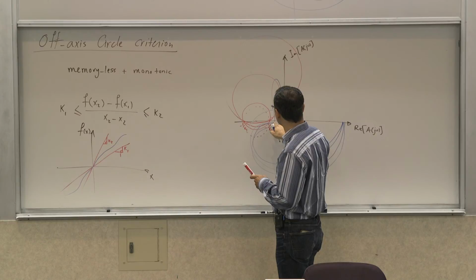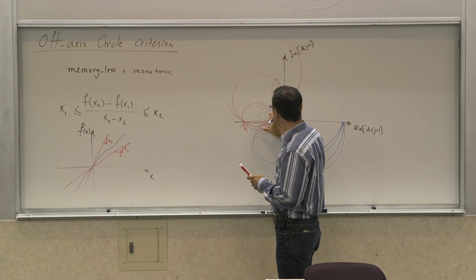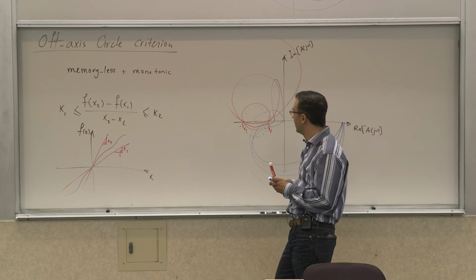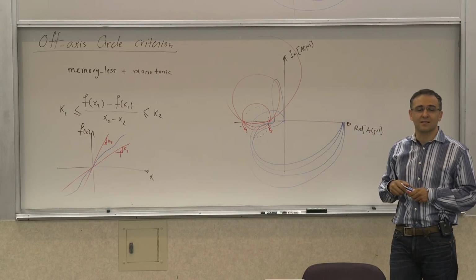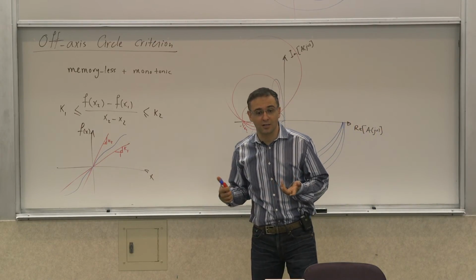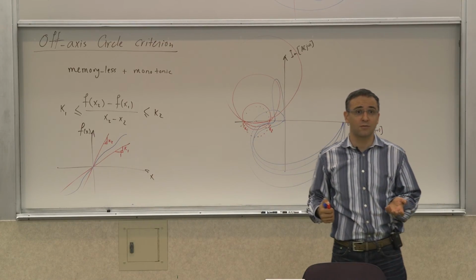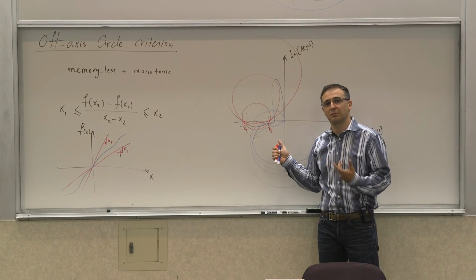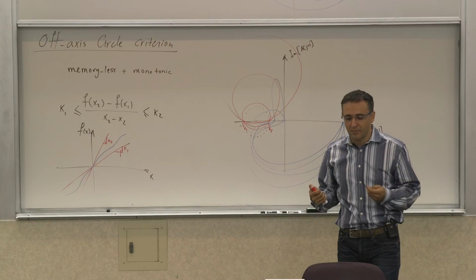They narrow this angle so much that you can't really fit a circle in here that crosses these two. So that's the off-axis circle criterion for memoryless monotonic nonlinearity, which is actually still quite useful because a lot of the electronic nonlinearity that we are dealing with can still be characterized as this memoryless nonlinearity.